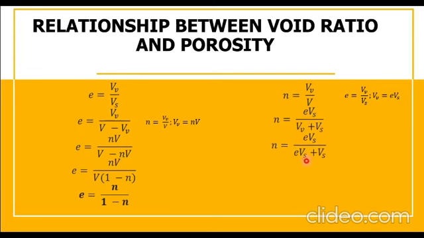So substitute the eVs here, and this will be equal to eVs over eVs plus Vs. And eVs all over Vs quantity of 1 plus e. If we cancel Vs, it will be equal to e over 1 plus e. And that is the relationship between void ratio and porosity.